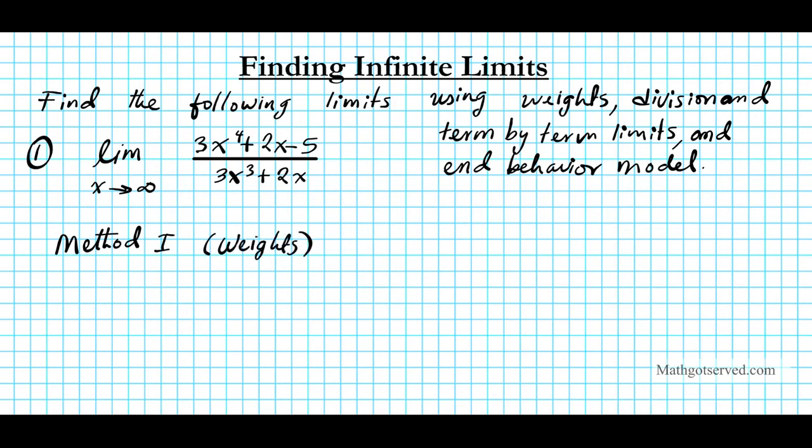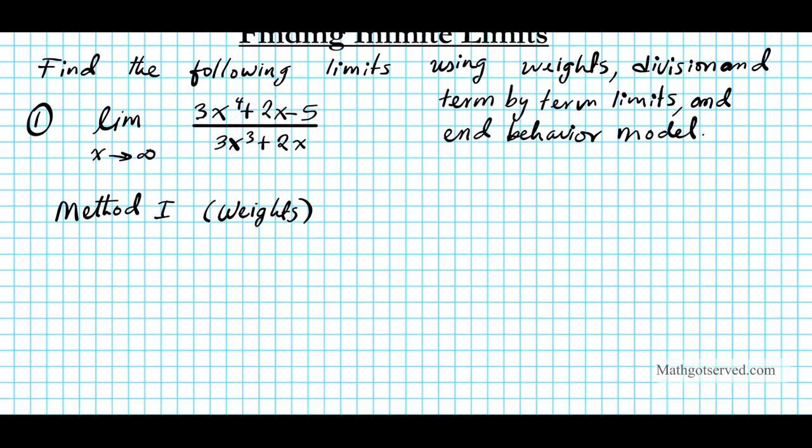Let's take a look at this problem. What can we say about the weights of the numerator and the denominator? Well, remember the rules: if the rational expression is top heavy, the limit is basically plus or minus infinity.